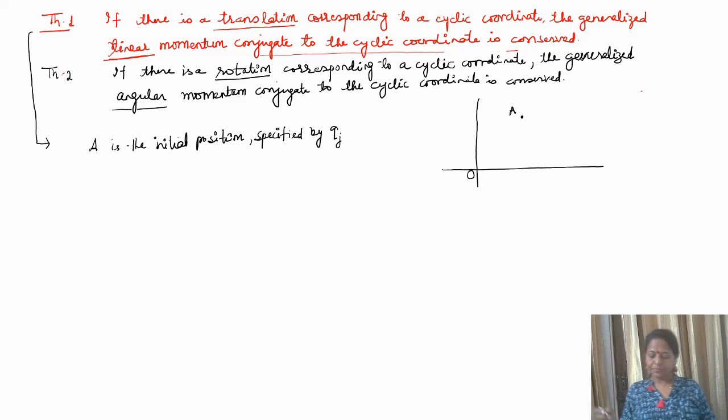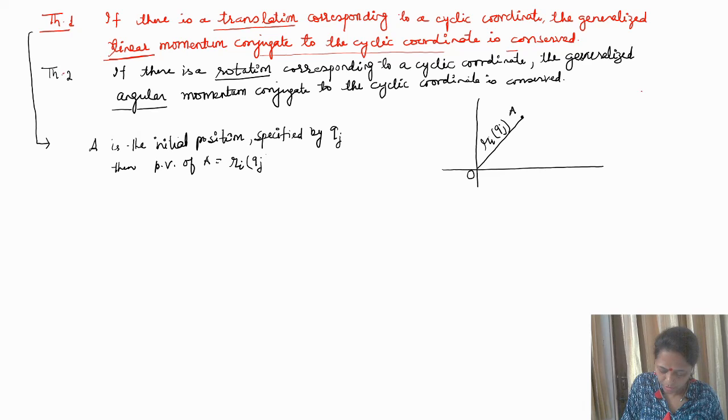If I join OA, its position vector will depend upon Qj. Then the position vector of A is Ri depending upon Qj.